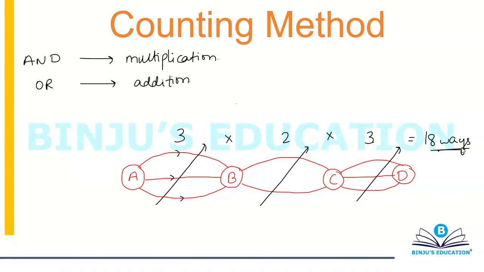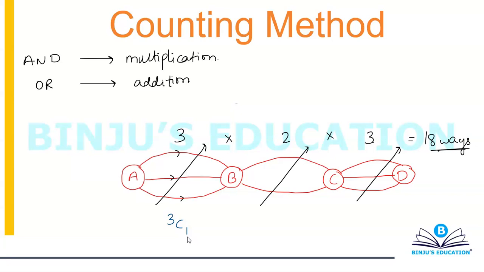Now you can solve this using combination also. Again, let's break it into three parts: A to B and B to C and C to D. If I talk about A to B, I have three ways and I need to choose one, because at a time I can only use one path. So that will give me 3C1 ways.